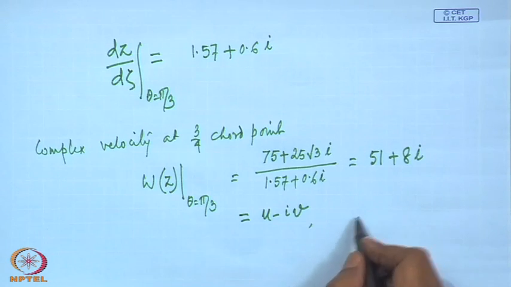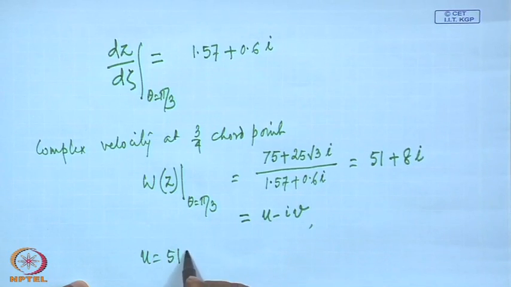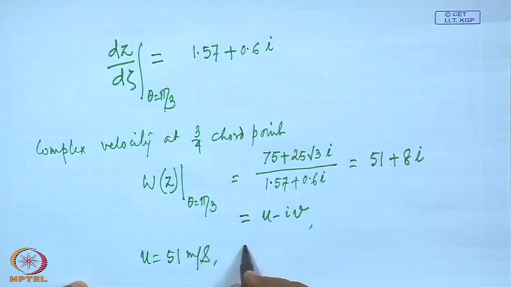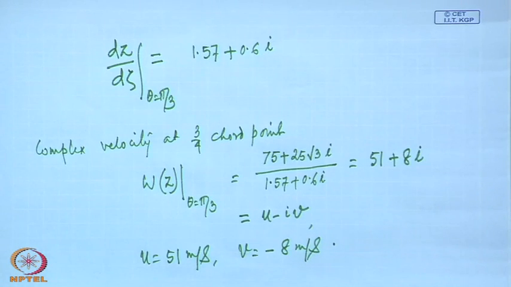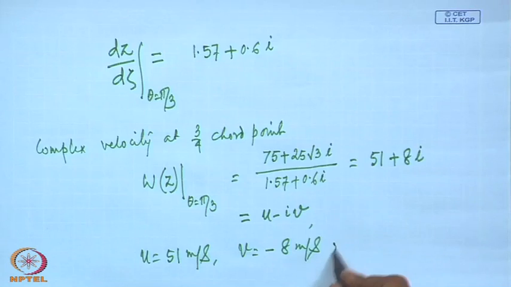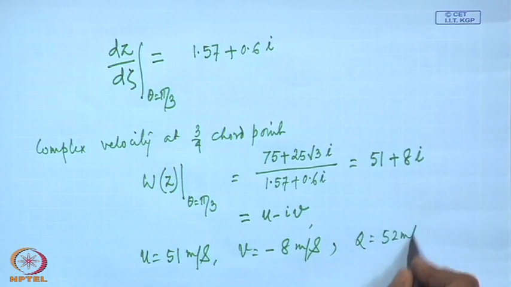So, what we have is u equal to, and the resultant speed is of course about 52 meter per second. Angle also, if you want the direction of the flow in terms of angle, that also you can find.